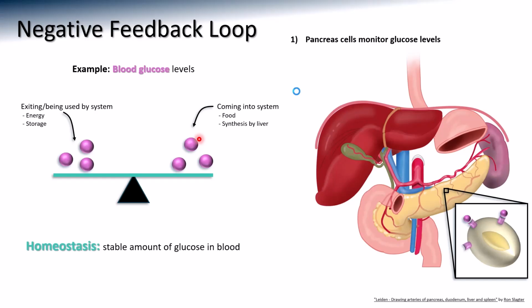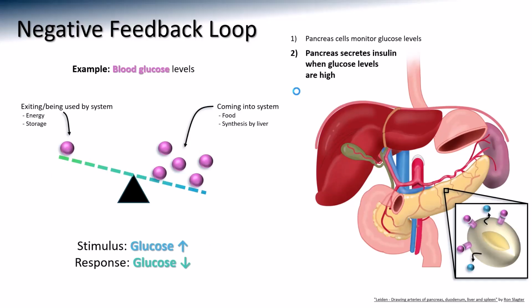So we are at homeostasis here. While we are at homeostasis, we have cells in our pancreas that are monitoring the levels of glucose that are in the blood.